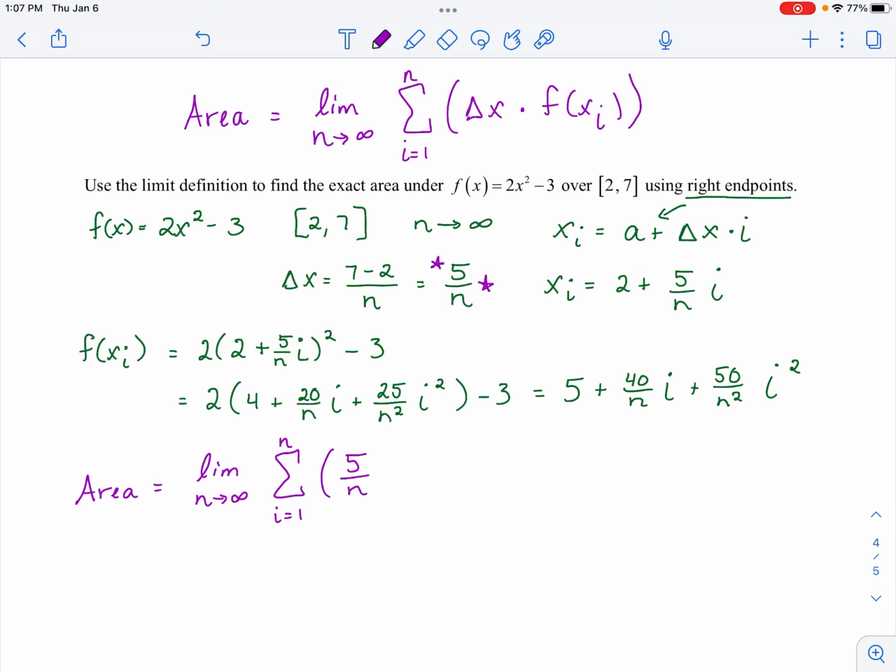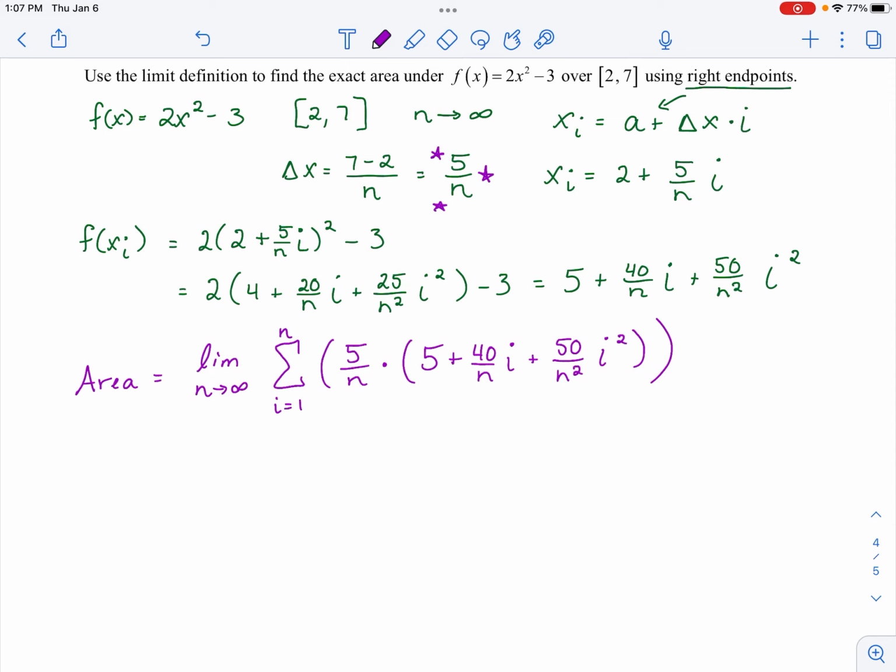It's coming from right there. And then times f of x sub i, which is 5 plus 40 over n i plus 50 over n squared i squared.